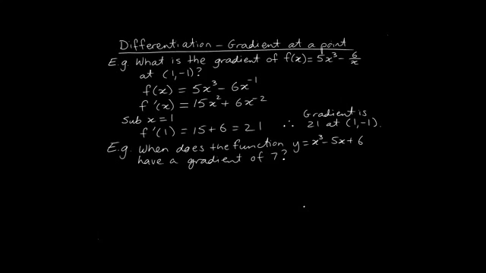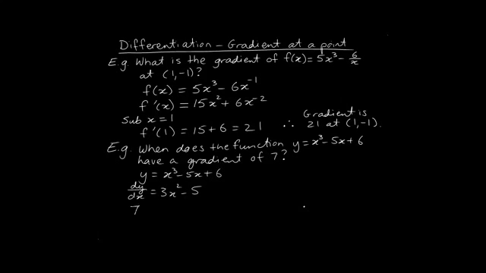Okay, so we start off with our original function y equals x cubed minus 5x plus 6, which means that dy dx must be 3x squared take 5. Now I'm trying to find out when dy dx is equal to 7.